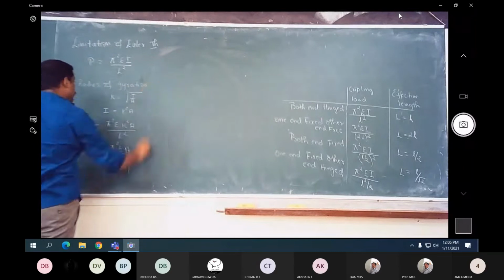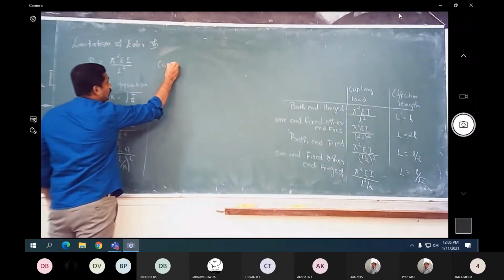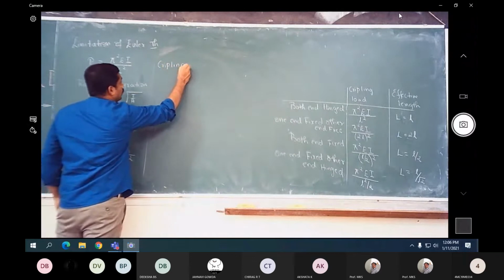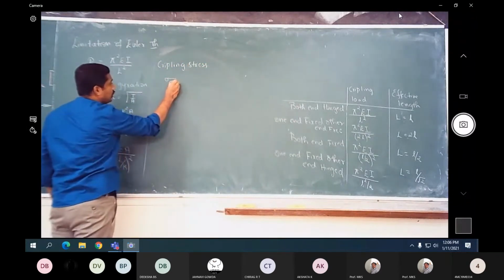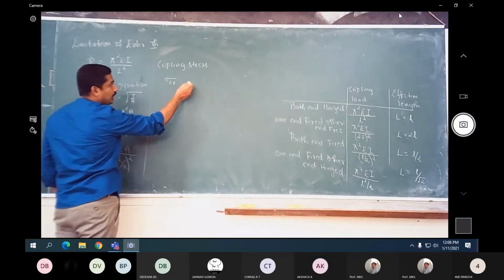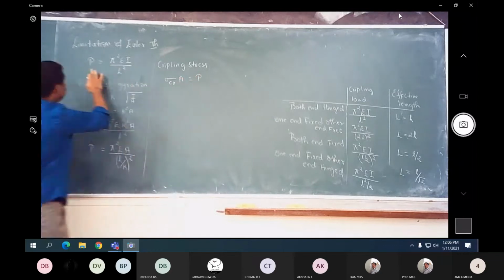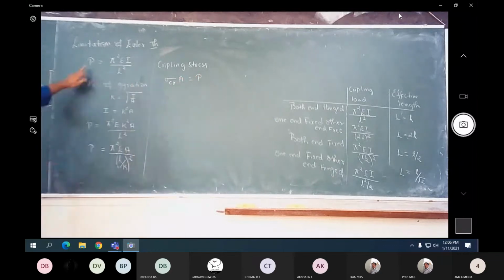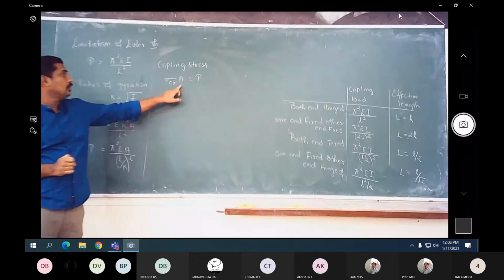Next, the equation for crippling stress, given by sigma CR. Stress is equal to load by area, so load is equal to stress into area.